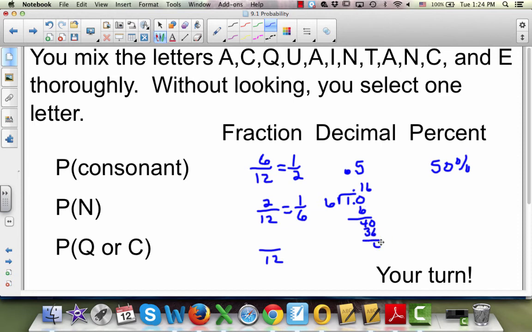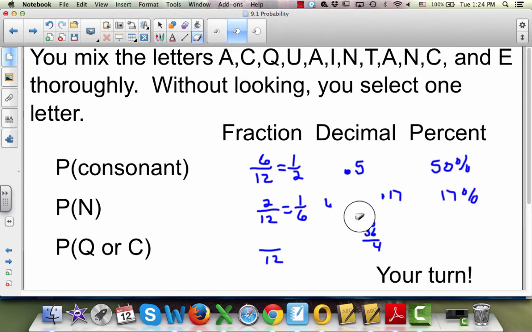And here we go, 4. It repeats again, so that means the 6 is going to repeat over and over. So that gives us 0.17 because we round the 6 up, okay? So that gives us 0.17. Change it to a percent, 2 places to the right. That gives us 17%.